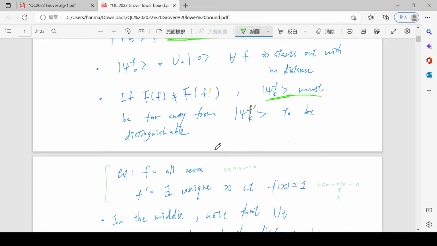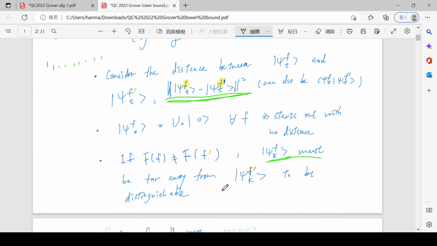Okay. But anyway, if you want a constant probability to differentiate them, then you can feel that it's pretty normal for this distance to also be some constant number, right?